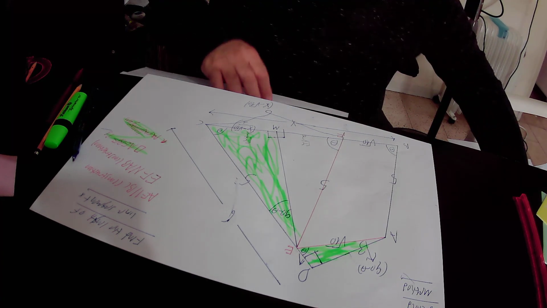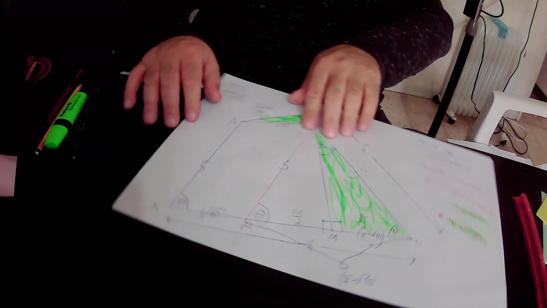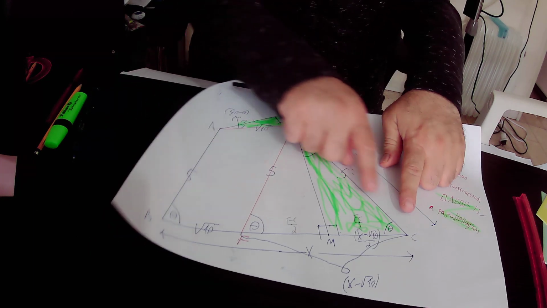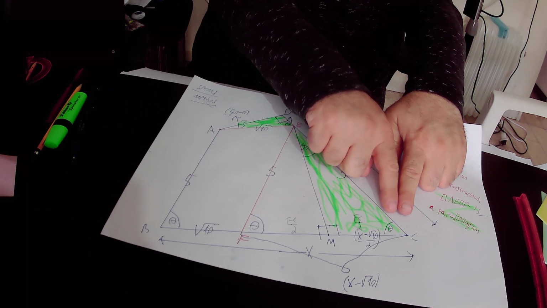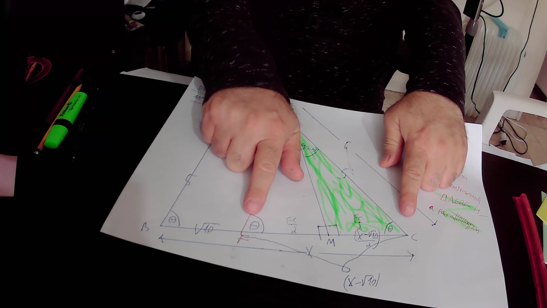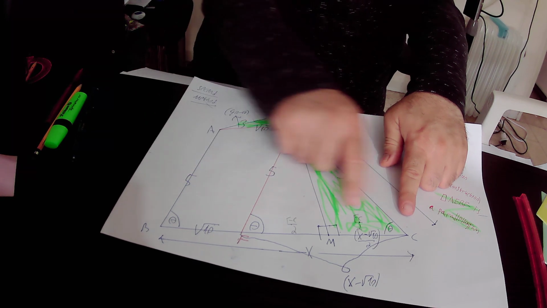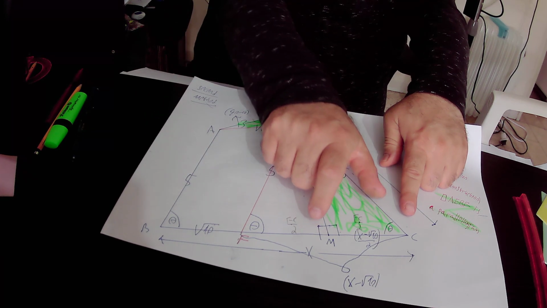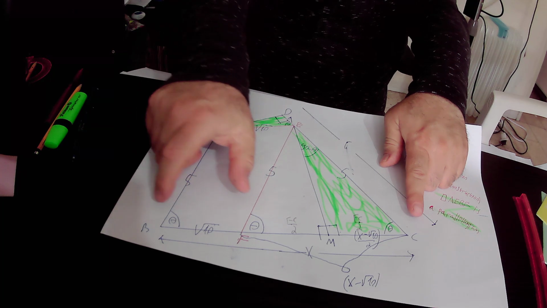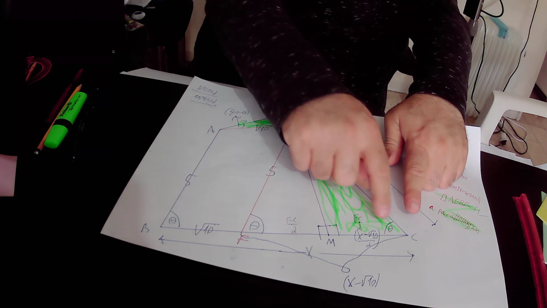Then we find the length of line segment FC. It is very easy to see from the drawing that BC minus BF equals FC. So FC equals BC minus BF.